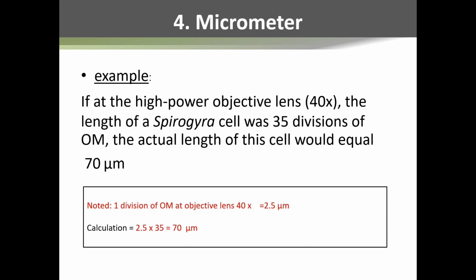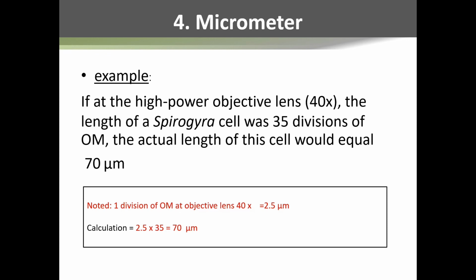Now, let's do some exercises. If at the high power objective lens, the length of a Spirogyra cell was 35 divisions of the ocular micrometer, what is the actual length of this cell? From the previous slide, one division of the ocular micrometer at high power is 2.5 micrometers.